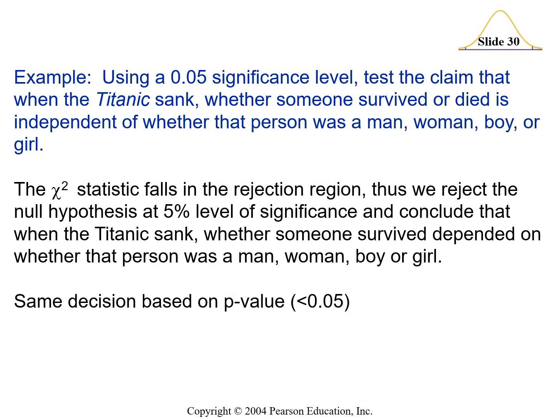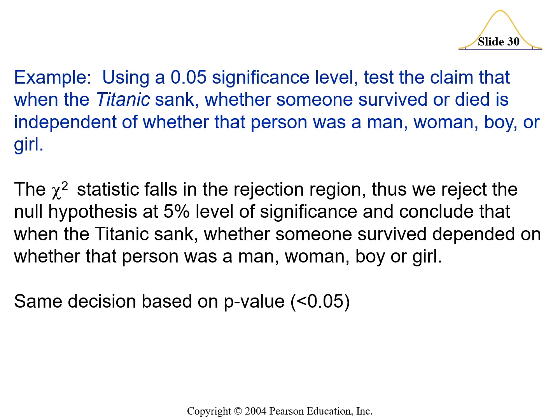Using the alpha 0.05 significance level to test the claim that when the Titanic sank, whether someone survived or died is independent of whether that person was a man, woman, boy, or girl: the chi-square test statistic falls in the critical region.